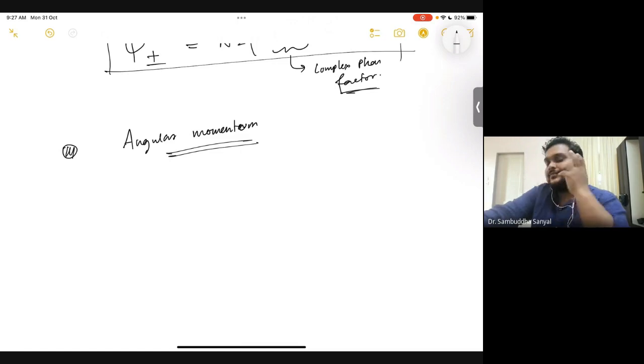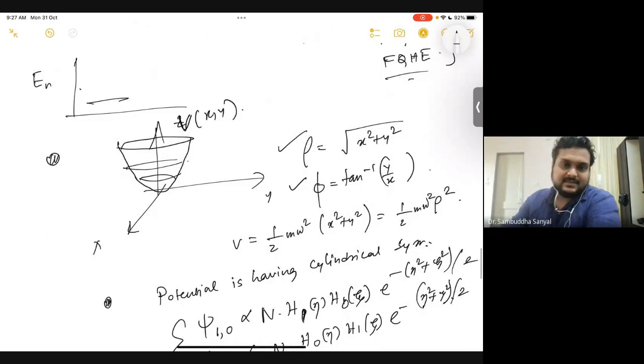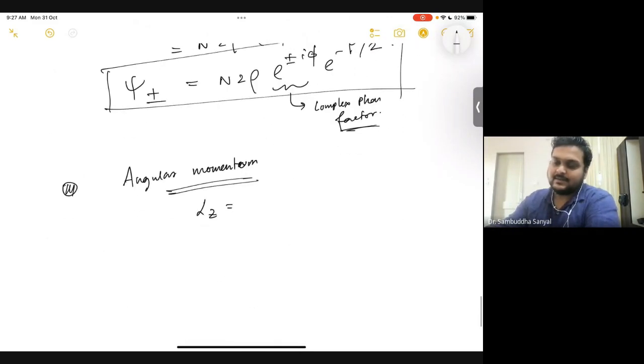We know if an operator exists in classical physics, I can find its quantum counterpart by putting a hat on all the variables. So I am finding that variable. Why do I care about this? Because in this problem, I know that there is a circular symmetry, which means there must be a conserved quantity. So that quantity is xp_y minus yp_x. This is my angular momentum. I put hats on them, then it becomes an operator.